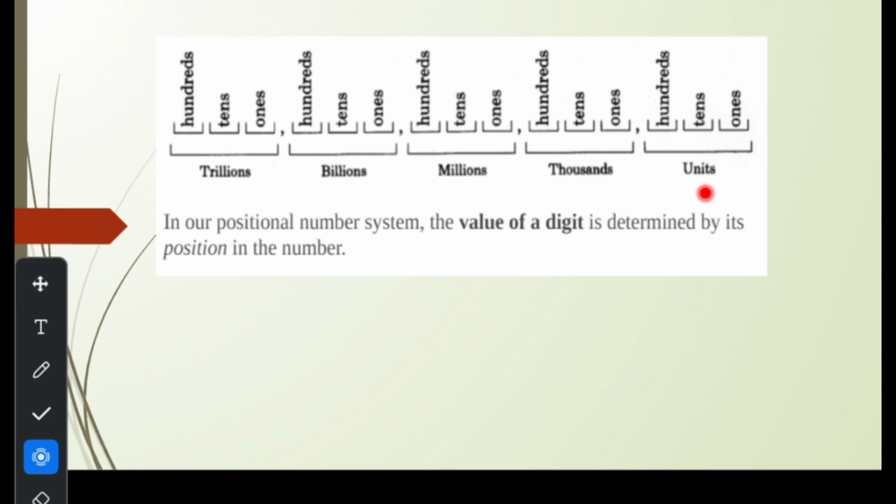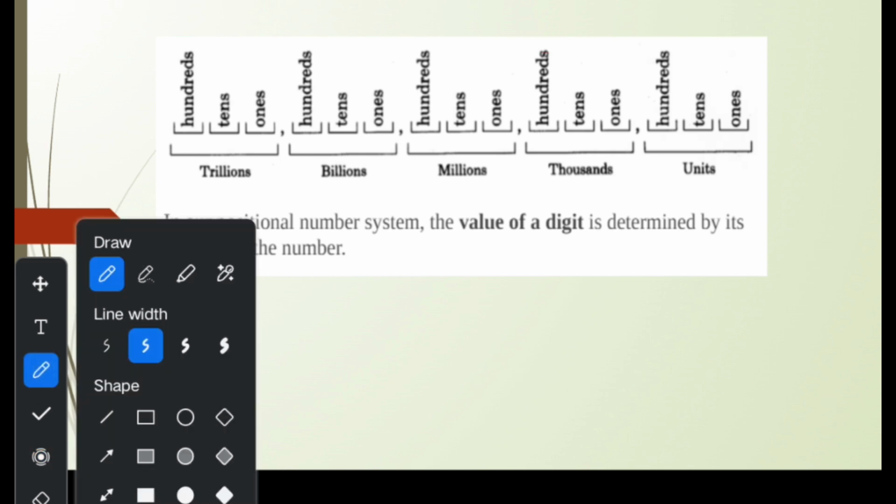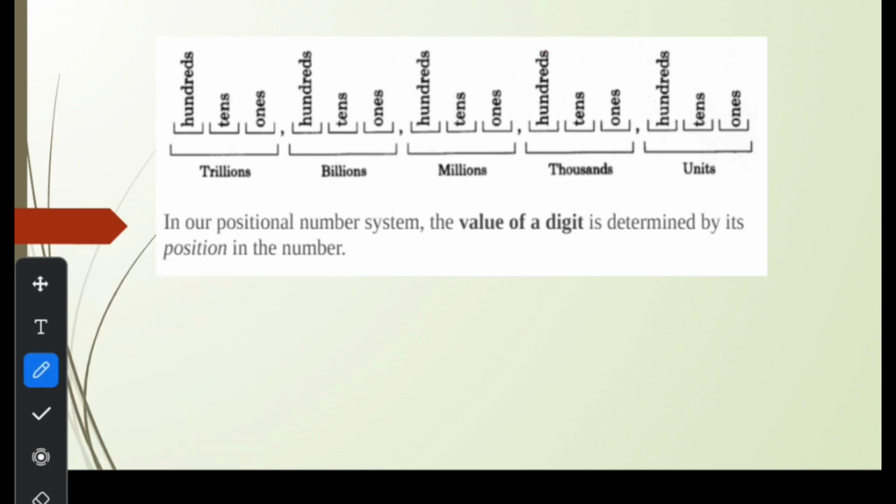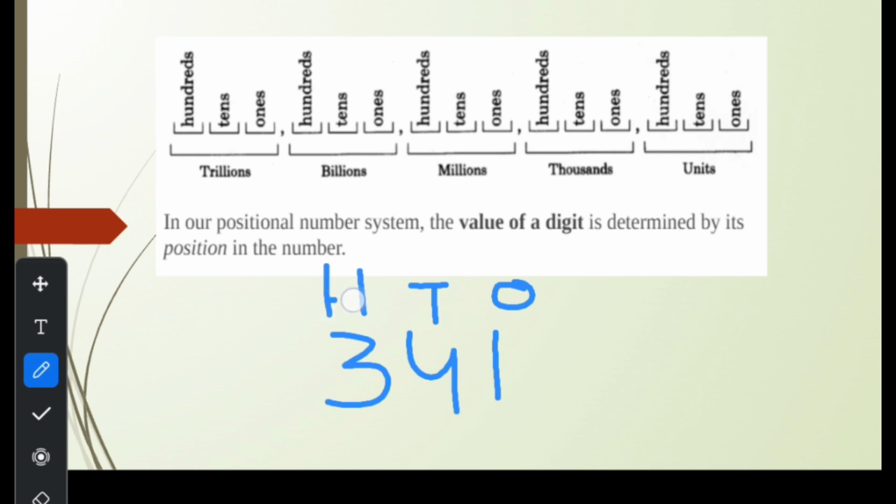Under each period, there are three similar headings of ones, tens, and hundreds. So for instance, if someone has a 3-digit number like this, starting from the extreme right, the person names it as 1, then this is named as 10, and finally this is named as 100. So they are going to read them as 341.